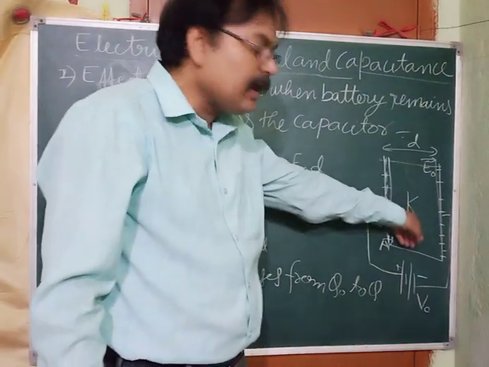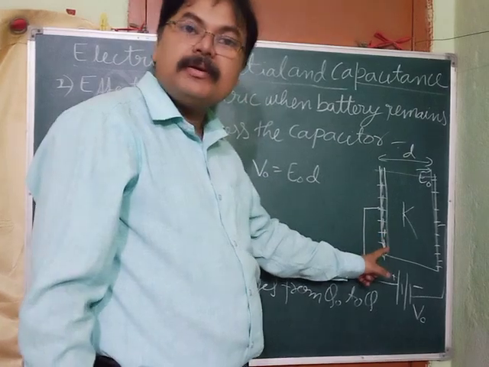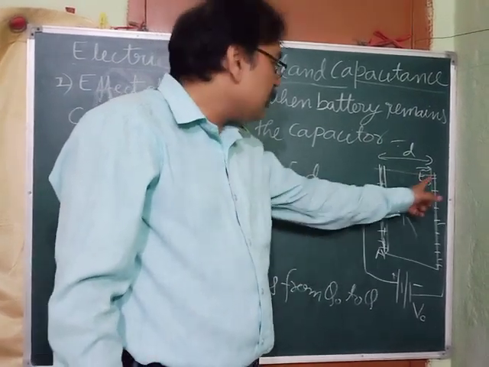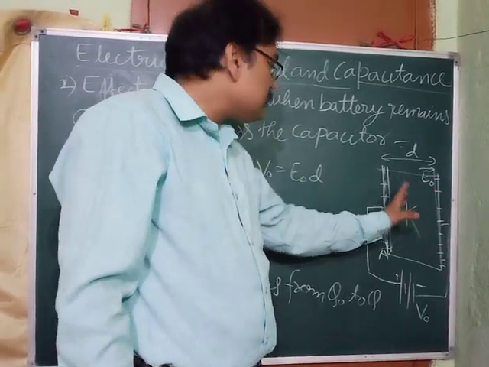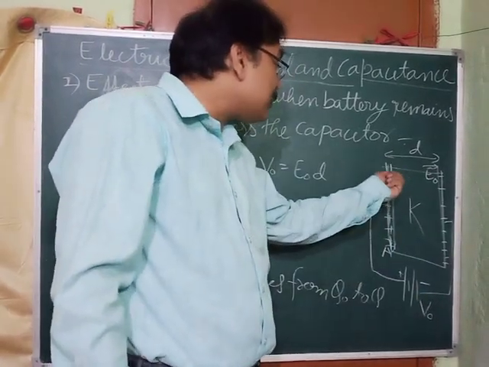As we are inserting this dielectric slab, negative charges will appear here due to polarization, and positive charges will appear here, and those negative and positive charges will reduce the effective charge on these plates.